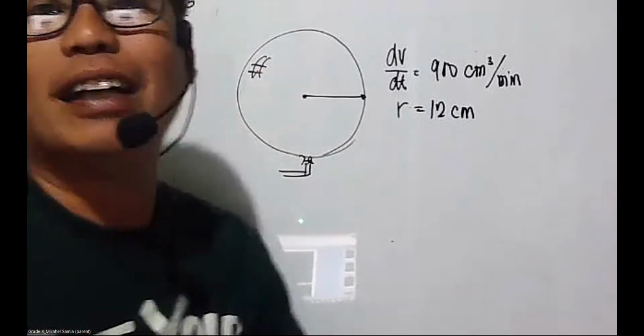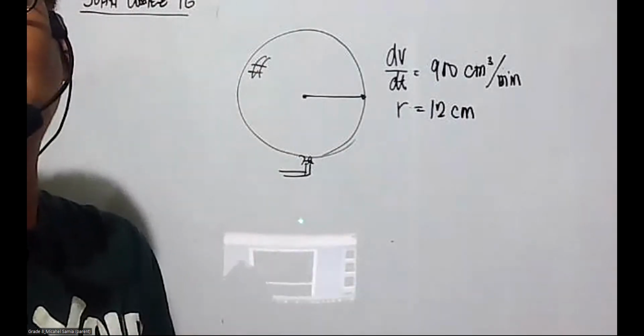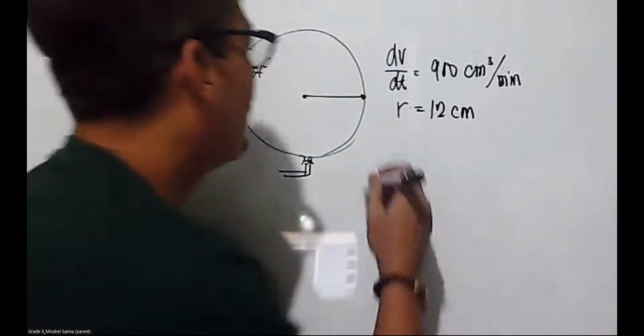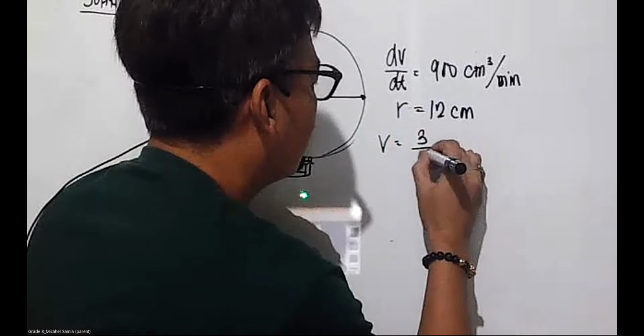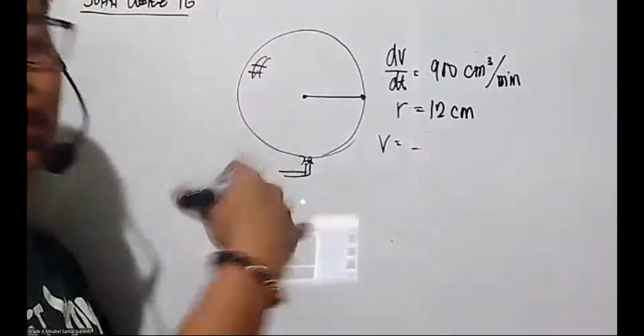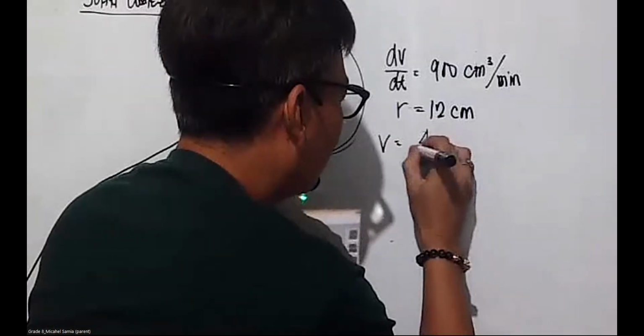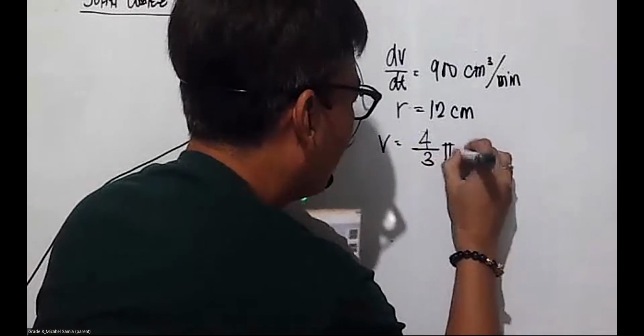Now the question is, how fast is the radius of the balloon changing? We're going to use the formula for the volume of a sphere, since it's a spherical balloon. So our volume is equal to 4/3 pi r cubed. Now let us differentiate this.